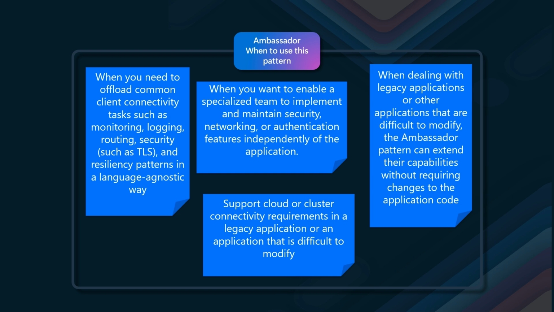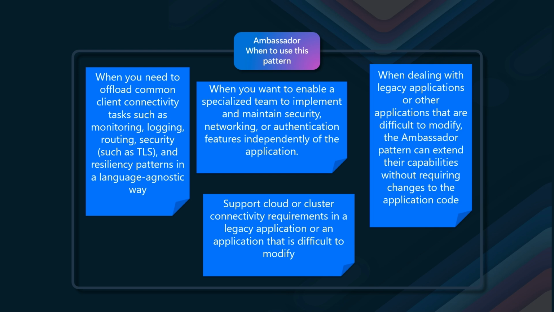Centralized management of networking and security. So when network calls require substantial configuration for connection, authentication, and authorization across multiple applications built using multiple languages and frameworks, the ambassador pattern allows these configurations to be managed centrally, reducing the risk of updating the application code by a team that's unfamiliar with it.